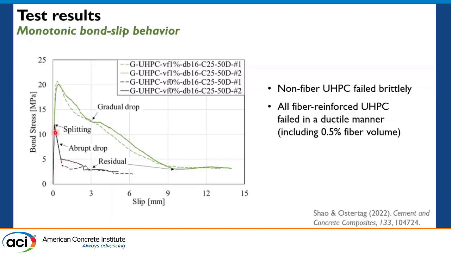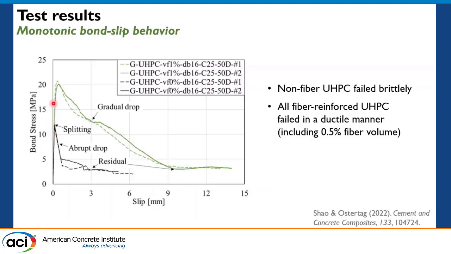The UHPC will behave very elastically until a splitting crack forms, and then we see an abrupt drop and then some residual plateau from the friction. This is for UHPC without any fiber reinforcement, and you may not see any such UHPC material actually. It's just presented for fun.